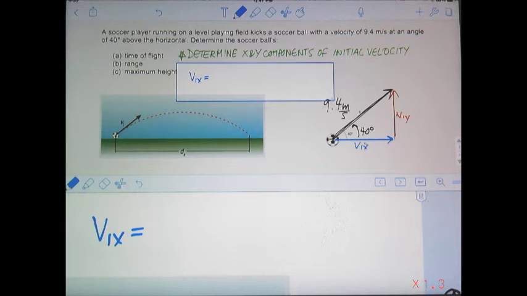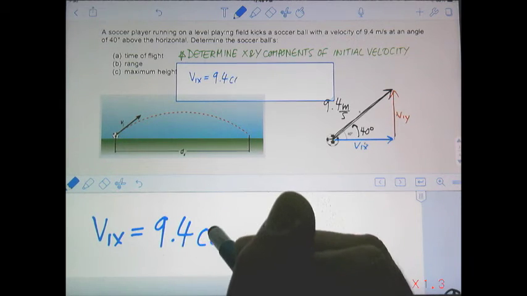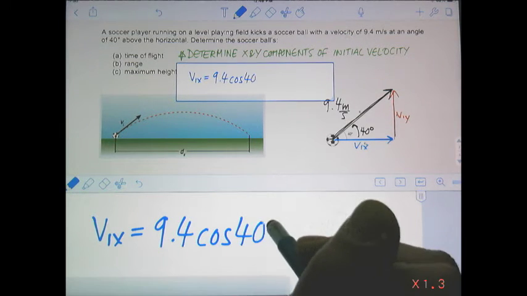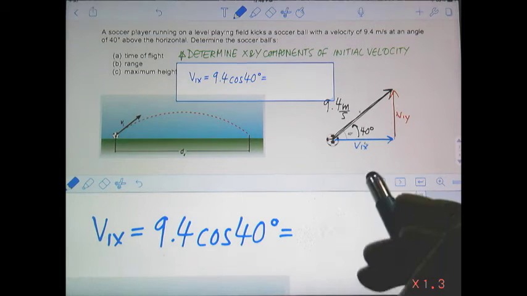So adjacent over hypotenuse is the relationship that exists with the cosine ratio. So Vix is going to be equal to 9.4 cos 40 degrees. If you punch this into your calculator, you end up with 7.2 meters per second.